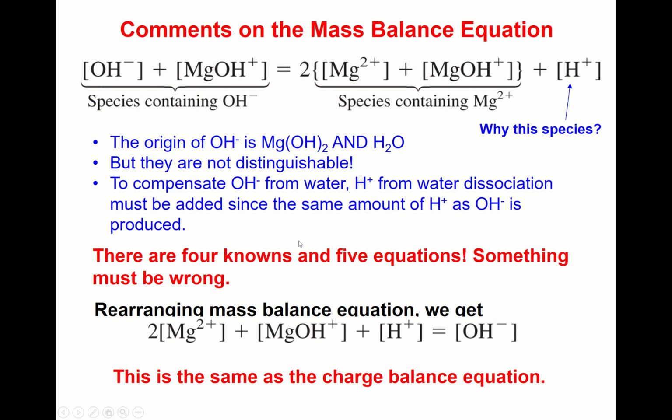When you solve problems, sometimes you meet a mass balance equation that is the same as the charge balance equation. They are not independent, so simply ignore one. Now we are ready to solve this problem.